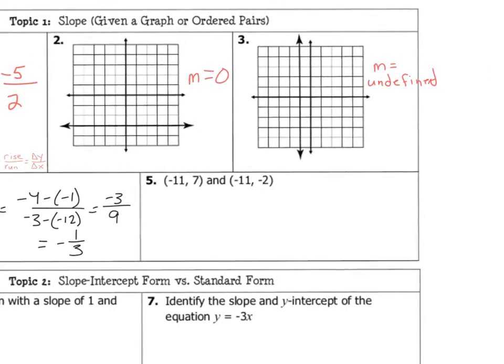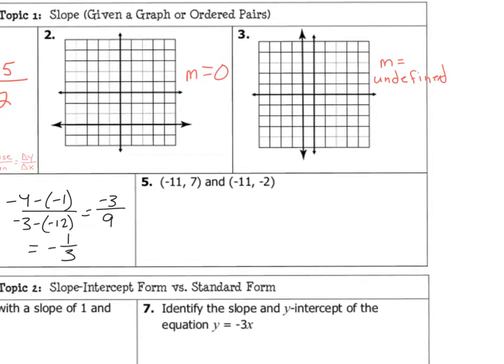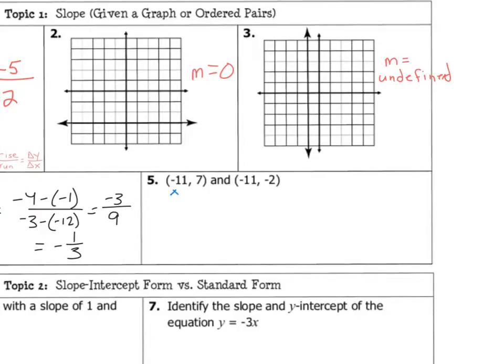Alright, same thing. Remember your slope formula, y2 minus y1 over x2 minus x1. So there's your x1, y1, x2, y2.